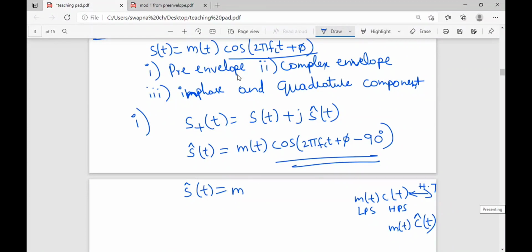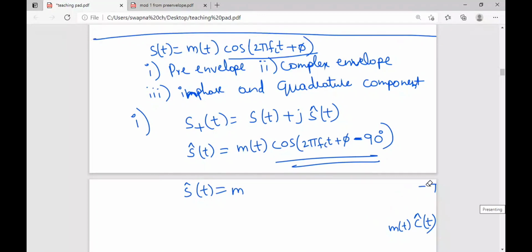In the same way here, m of t into cos 2 pi fct. m of t is the message signal which will have very low frequencies, and cos 2 pi fct will have the high frequency component. So cos 2 pi fct plus phi is the high pass signal. So only this will have the Hilbert transform, and since it is a sinusoidal signal, directly I have phase shifted by minus 90 degrees. Right? Does anybody have a doubt here?